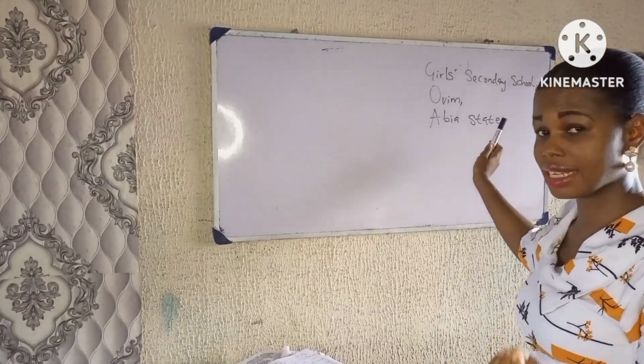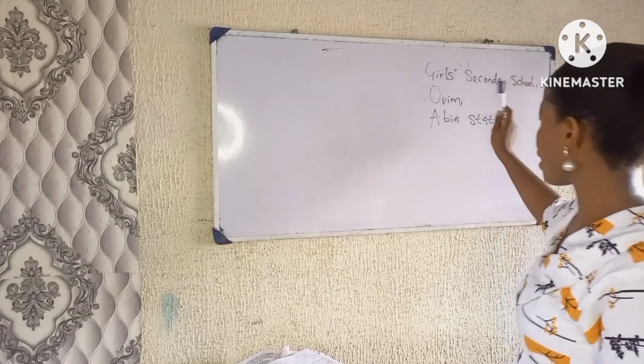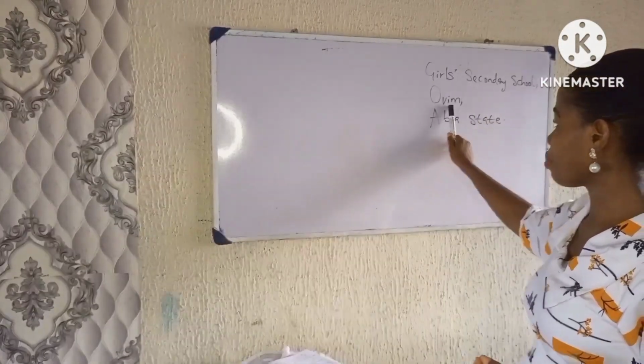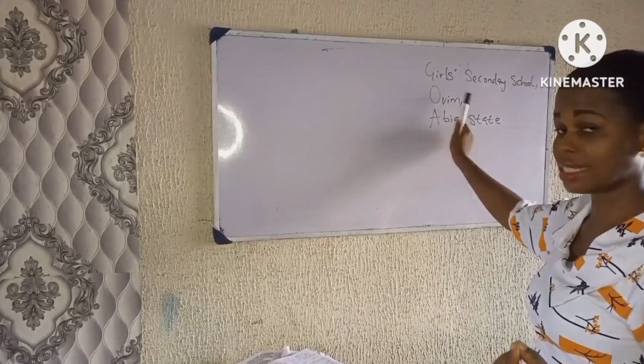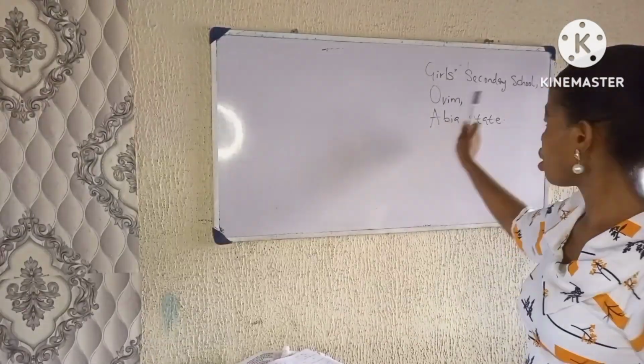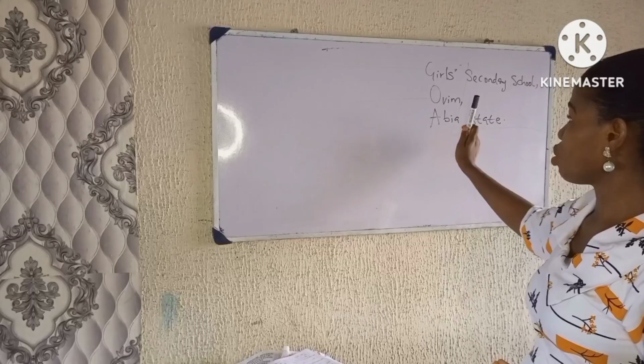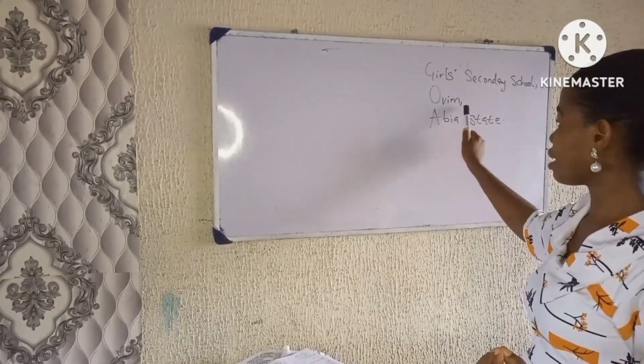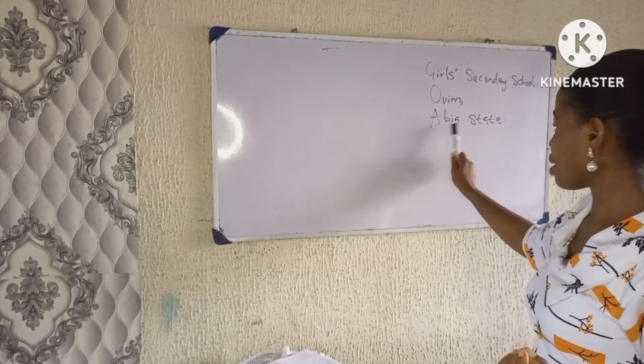Let's say this is the address of my school: Girls Secondary School, comma, Ovim. Ovim is the city where it is located. Make sure you punctuate. Then comma, add their state.